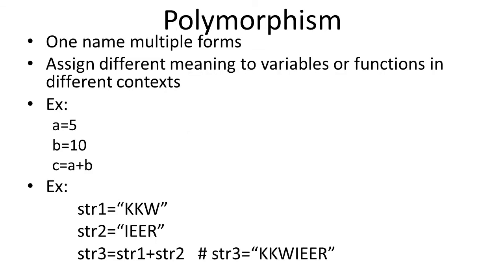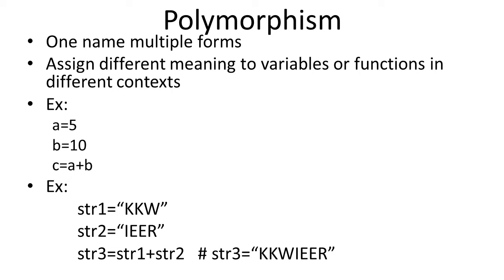Let us go to another interesting feature of object oriented programming, that is polymorphism. All of you are aware that polymorphism means one name, multiple forms.